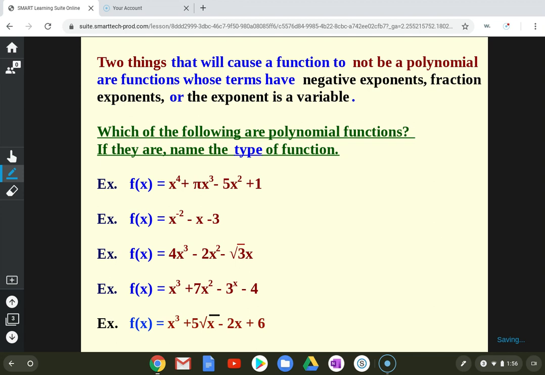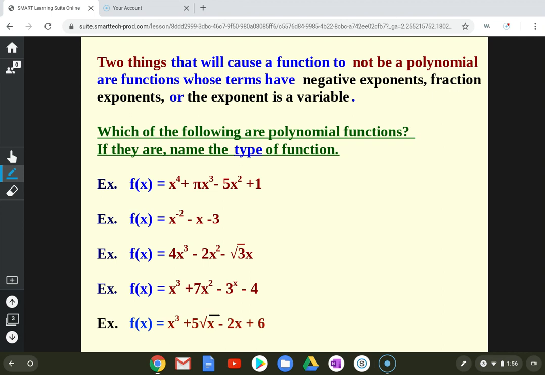All right, what are polynomials and what are not polynomials? Polynomials are strings of terms strung together, but the x's must be raised to a non-negative integer. So the exponents on your variables have to be either a positive integer or 0 in the case of a constant.